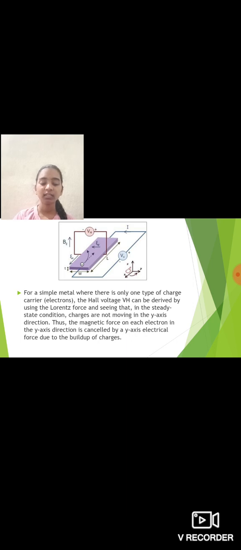And thus, mnemonically speaking, your thumb in the Lorentz force law, representing current, would be pointing in the same direction as before, because current is the same, and electrons moving up is the same current as a positive charge moving down.